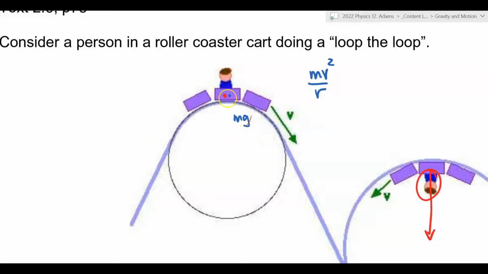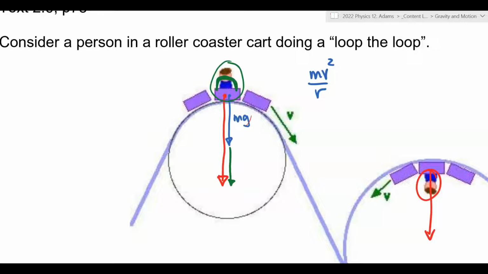Let's say if we go around really fast. Okay? If we go around really fast, like this, and our centripetal force is really large, what we need now is we need our reaction force to be downwards. If this person is going over the top of a roller coaster, the only thing that can provide a downwards reaction force is like a harness or like a seat belt on top of them.